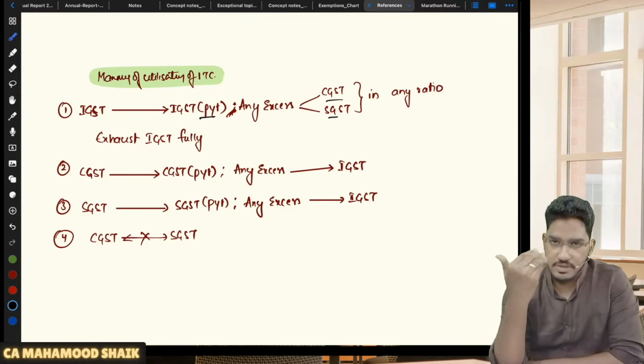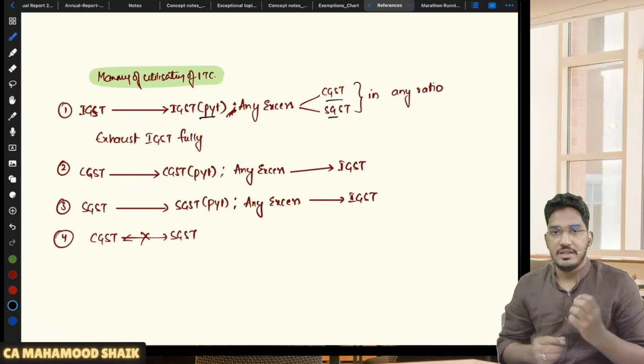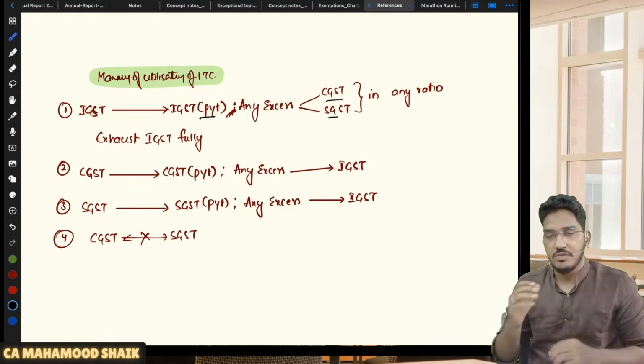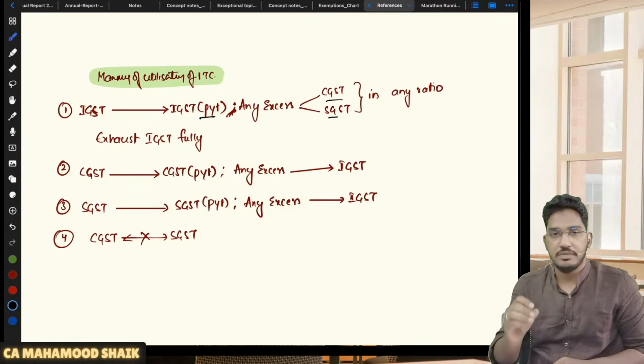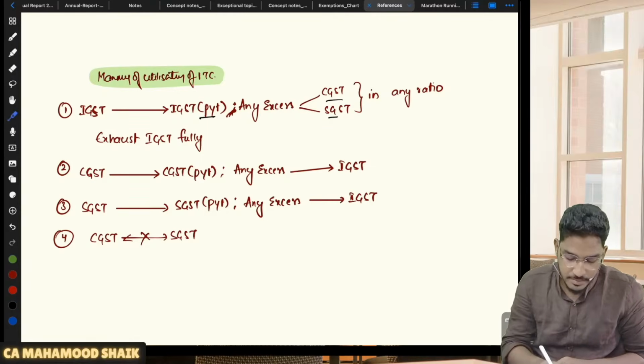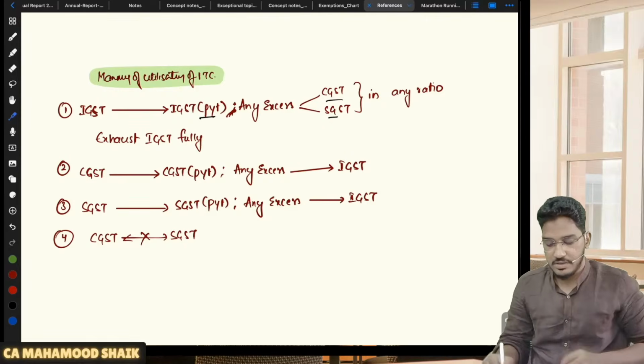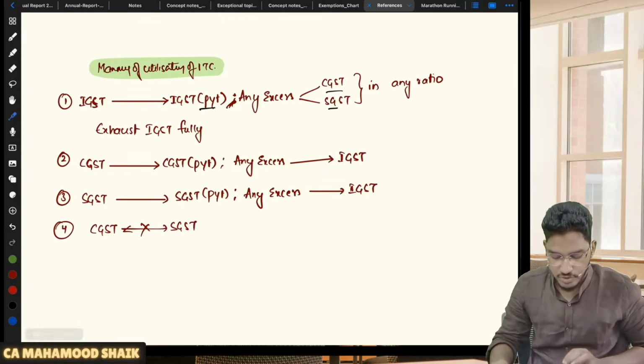Either you can use it fully for CGST or fully for SGST, or in some proportion you can allocate that IGST balance between CGST and SGST. In whatever manner you want to do it, but first try to exhaust that IGST balance. That is the first step.